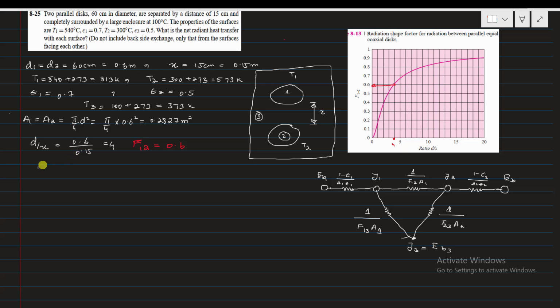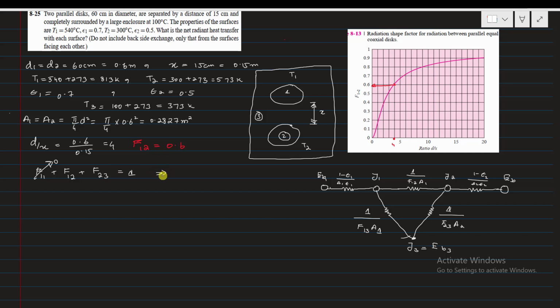Now according to the summation rule of the shape factor, F11 plus F12 plus F13 will be equal to 1. But in this case, for the shape factor F11, this disc cannot see itself, so it will be 0, and F12 is 0.6.